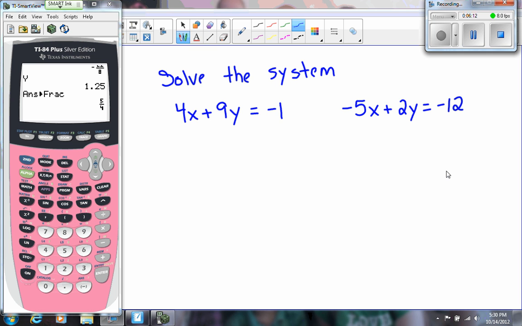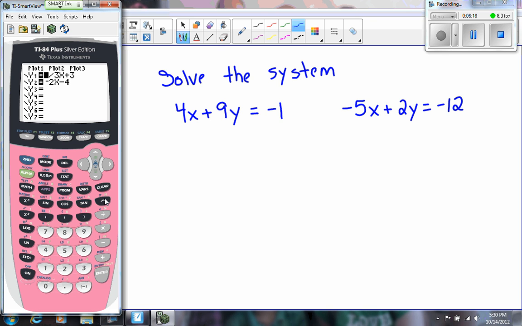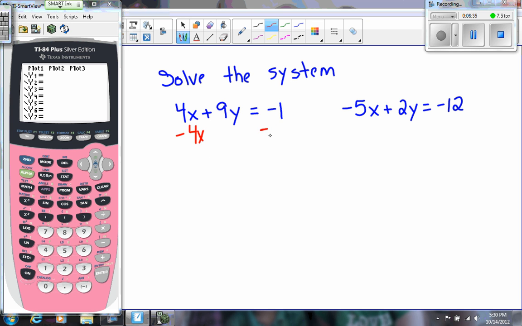All right, now let's try this one. Unfortunately, in order to use your graph on your calculator, you have to have them solved for y. They don't technically have to be in slope-intercept form, but they do have to be in the form y equals. So we're going to have to do a little bit of work first. If I subtract 4x from each side, I get 9y equals negative 4x minus 1.